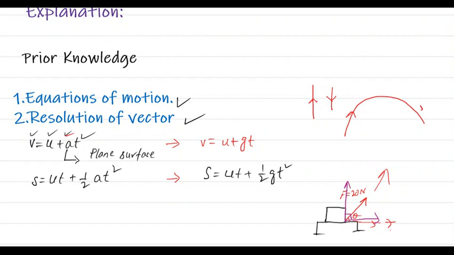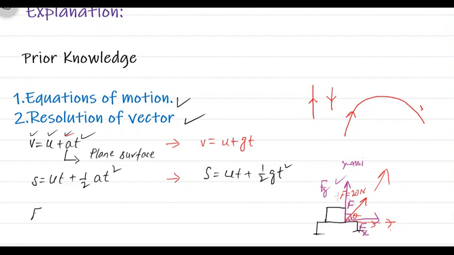If this is the F vector, the component along the x-axis is Fx, the horizontal component, and the component along the y-axis is Fy. These components are also called rectangular components. Here we need only the equations for the purpose of projectile motion. If you still have any problem with the topic of resolution of vectors, then just wait for my next video on resolution of a vector.